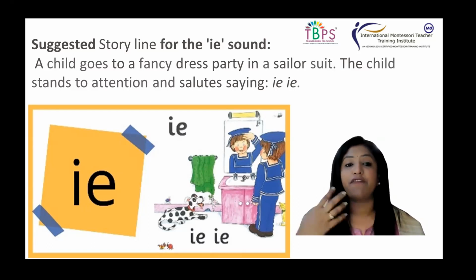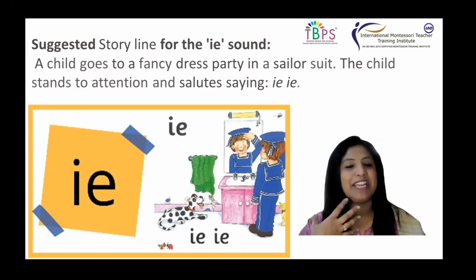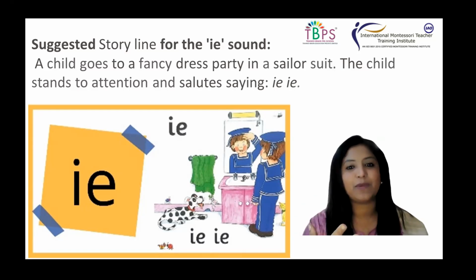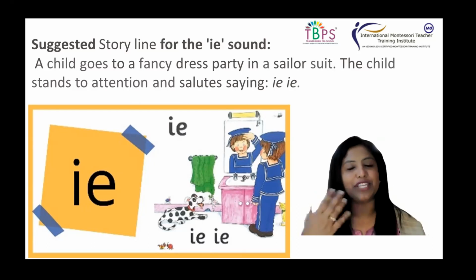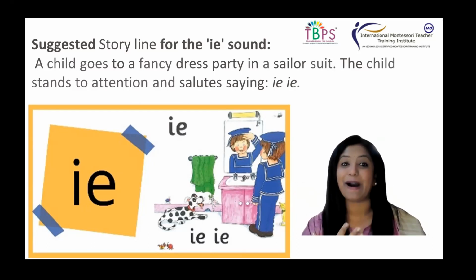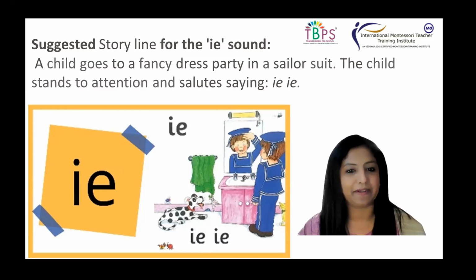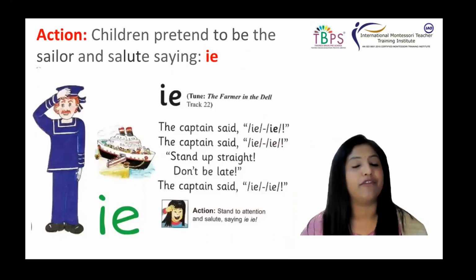The child goes to the fancy dress party dressed in a sailor suit. When he or she wears that suit, the child was so happy. The child was standing in front of the mirror. He stood in attention position. He couldn't take his eyes off because he was looking so smart and so, what I could say, handsome. And he started saluting and he said, I, I, right? So that was the action.